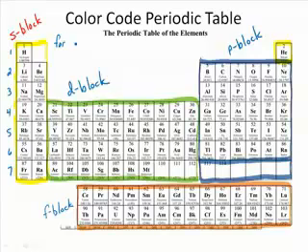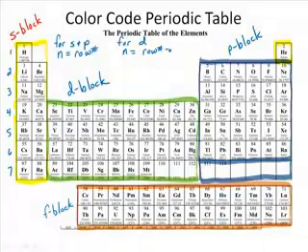For the S and the P block, the principal quantum number corresponds to the row number. Then for the D block, the principal quantum number is going to be the row number minus 1.